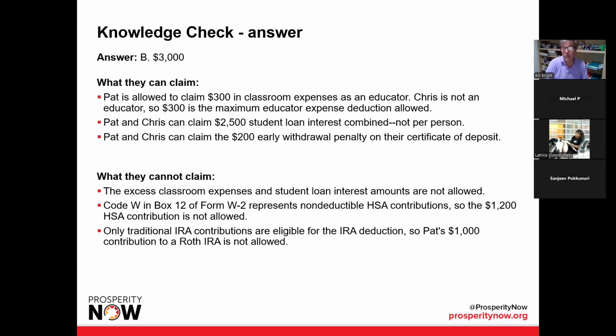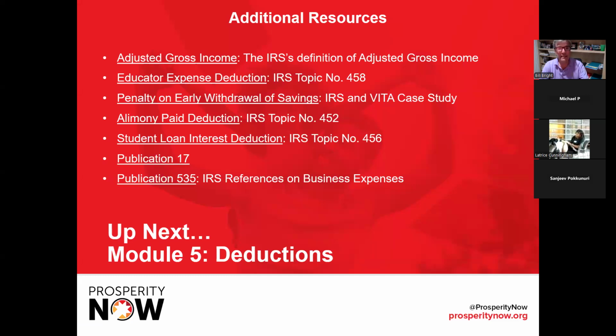They can claim the $200 early withdrawal penalty for the CD. And again, the other things are excess amounts; it's not like you get to roll that over or anything. It's all in 1 year. The code W is the non-deductible HSA contribution. And she made a Roth contribution, which again is not eligible. So that's it for adjustments.